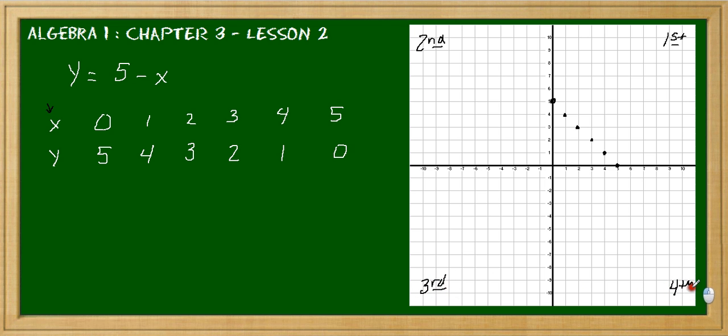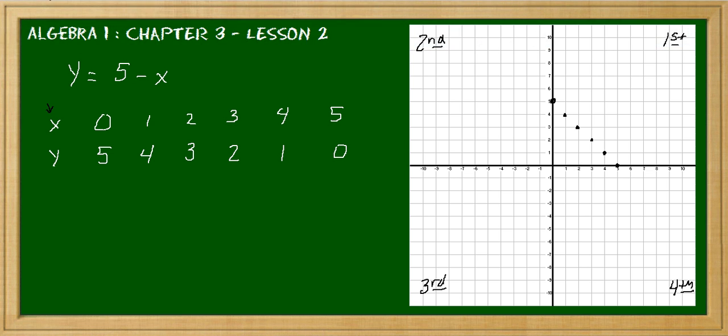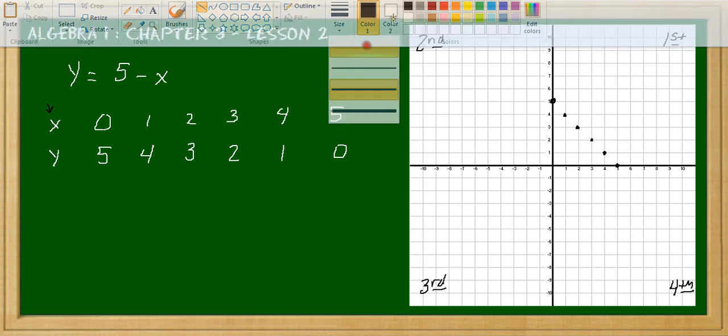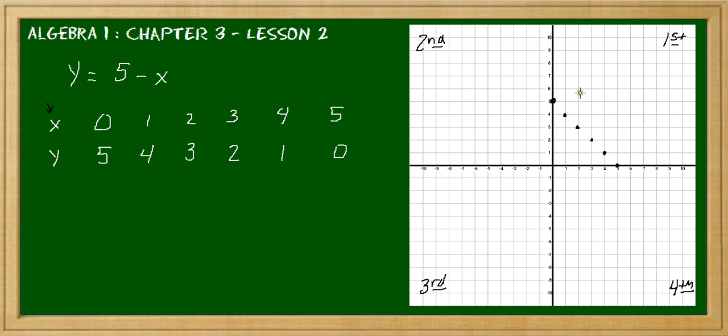And we're told to extend into the second and fourth. Now, all of our points were in the first quadrant or exactly on the axis, so we know that we have to extend further out. I'm going to go with the thinner marker this time so we can preserve our points. In fact, I'm going to go with another color like we did before with the red.